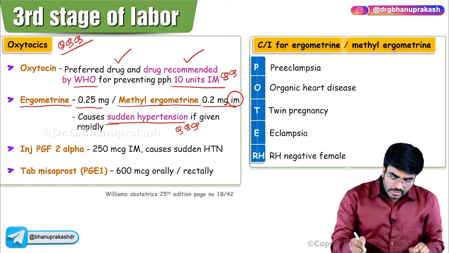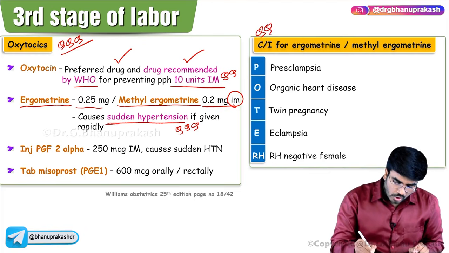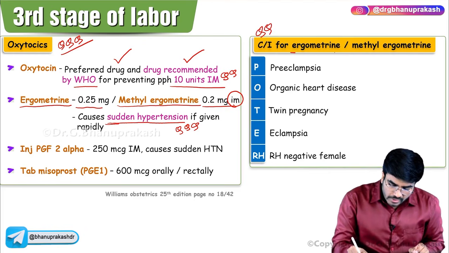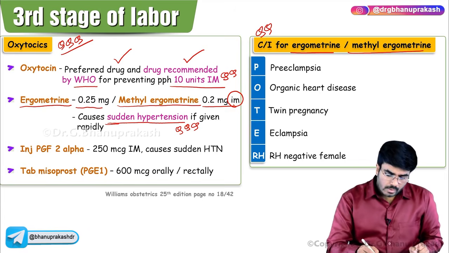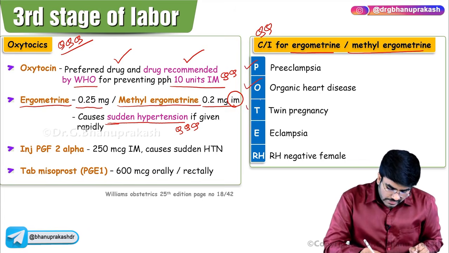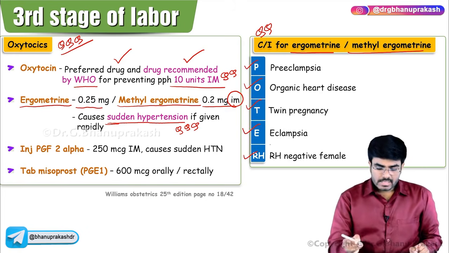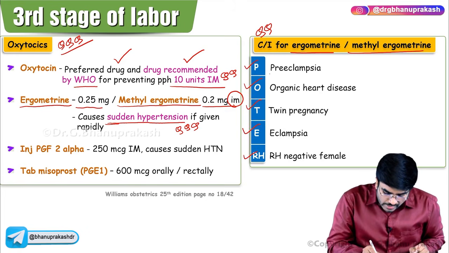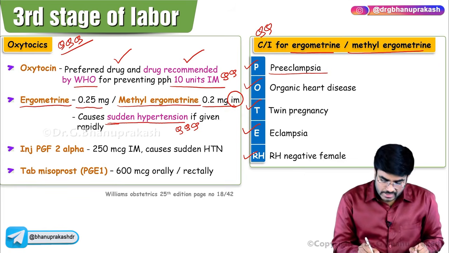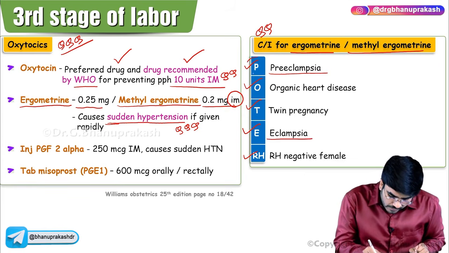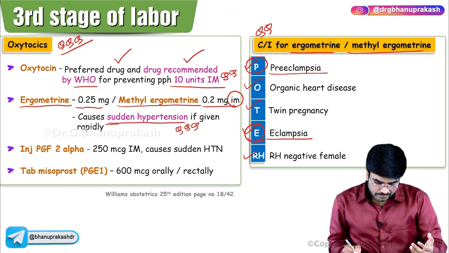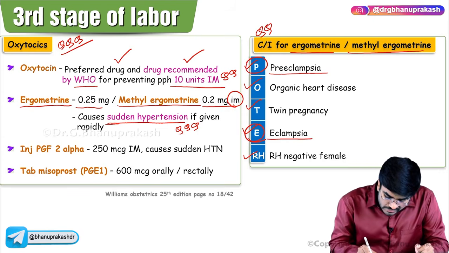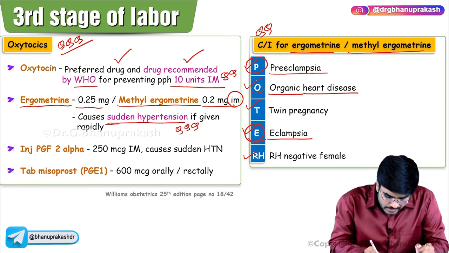So what are those contraindications, guys? Very important MCQ. Contraindications for ergometrin or methyl ergometrin, the mnemonic is POTER, P-O-T-E-R. See, P for those females who are having preeclampsia and eclampsia, that is pregnancy induced hypertension. Also female with heart disease, organic heart disease.